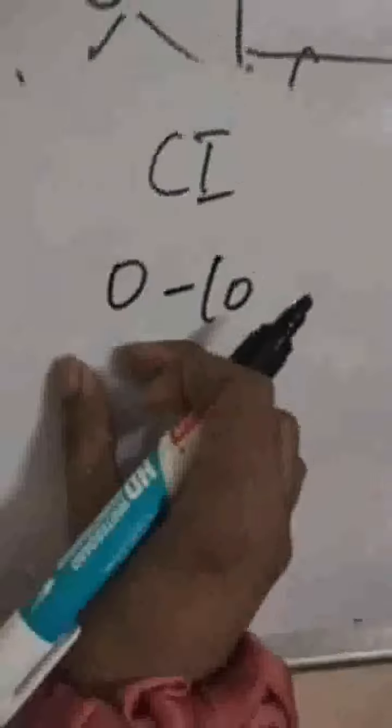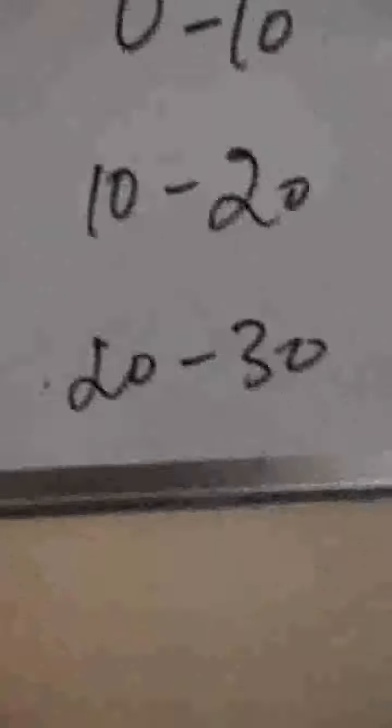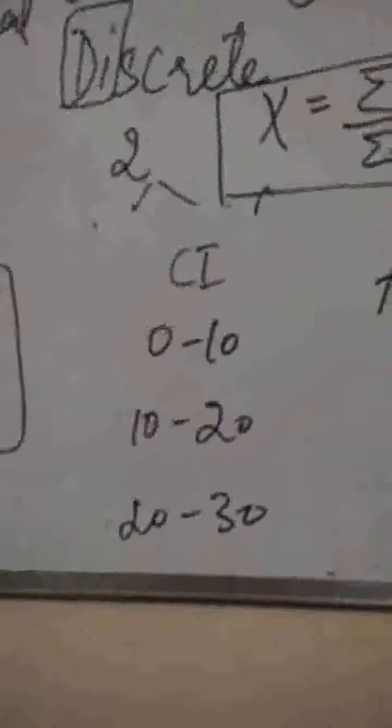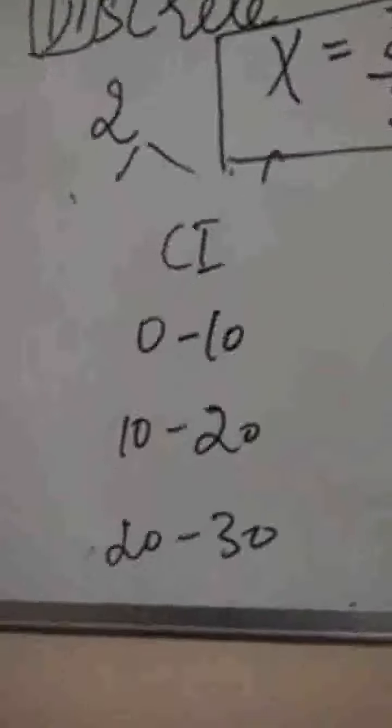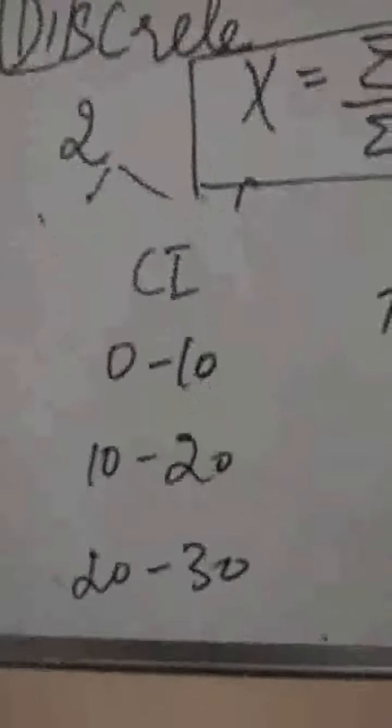Now a class interval can be like a child scoring marks from 0 to 10. That means it's actually a range. That means it can be 0, 1, 2, 3, 4 up to 10. Then the second comes out to 10 to 20. Then the third, and it can obviously go as much as you want. I'm just taking the information in a shortened way so that it is understandable in such a short video.